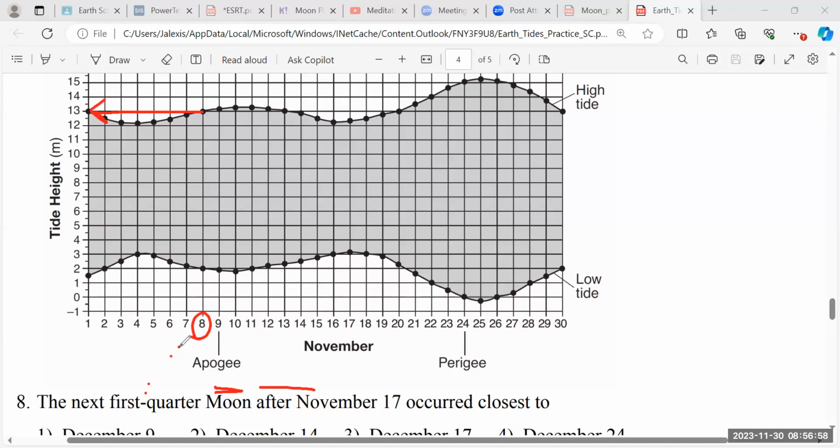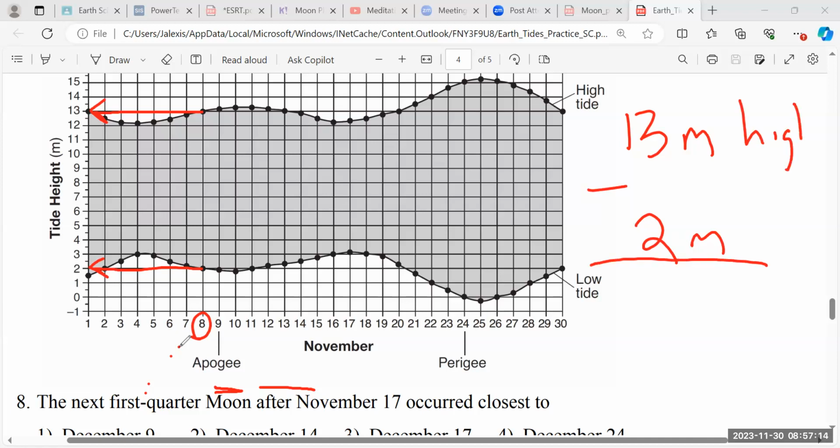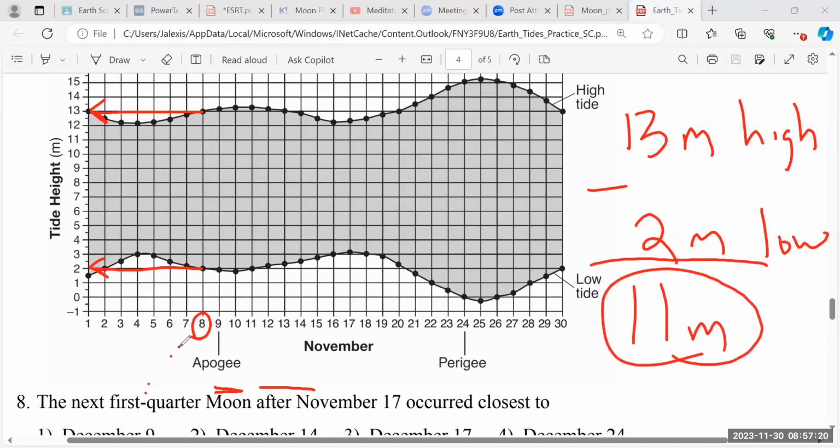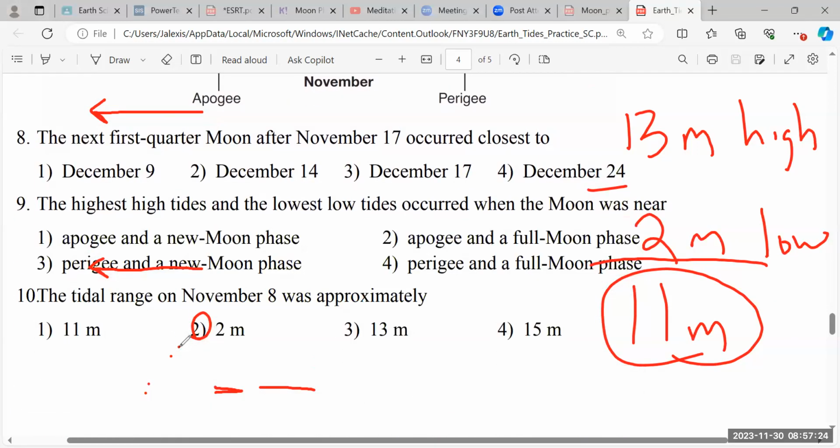At its lowest, it looks to be 2 meters. The range is the difference between the high point and the low point, so the correct answer is 11 meters, which is choice 1.